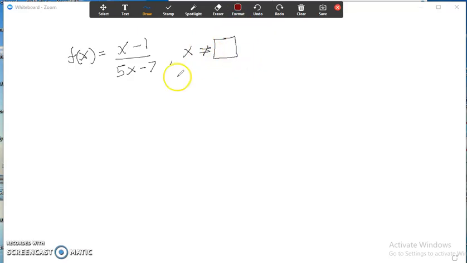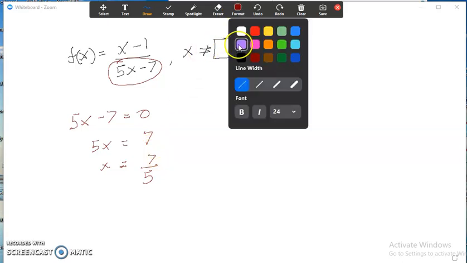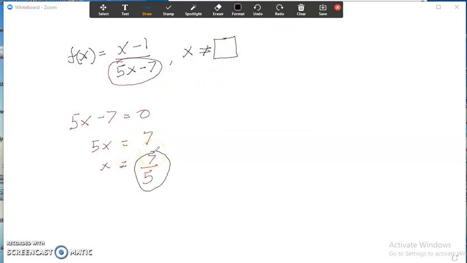So your solution here is you just have to take your denominator and make it equal to 0. So here you can have 7 over 5. So it means that this answer 7 over 5 must be inside here.